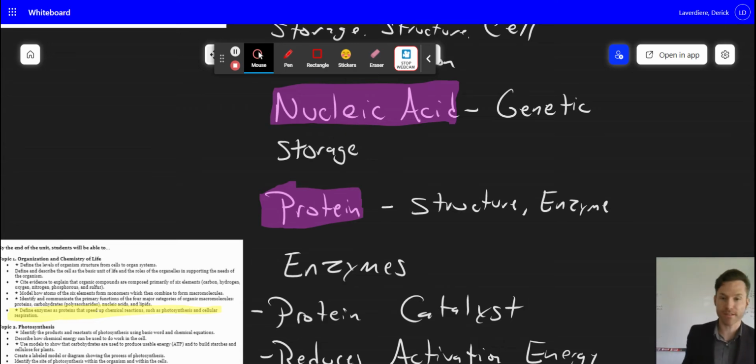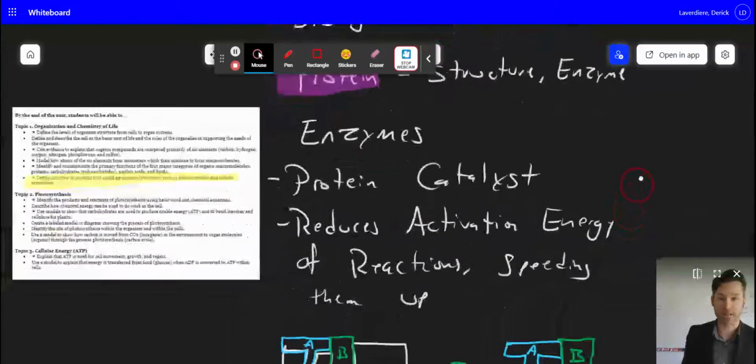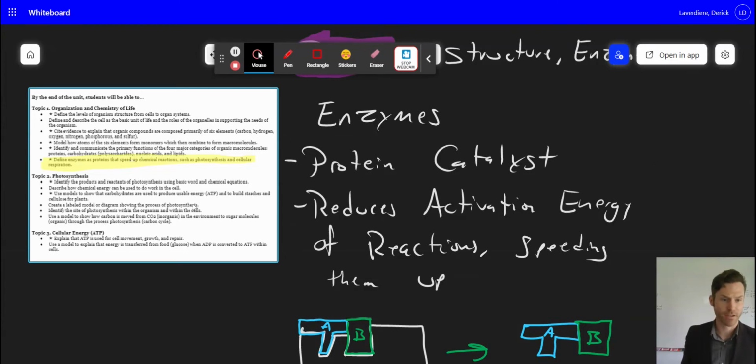Right? And enzymes are protein catalysts, which moves us straight into this next bullet point here, which is define enzymes as proteins that speed up chemical reactions such as photosynthesis and cellular respiration. Okay? So enzymes are a very specific type of protein that each enzyme has its own shape. And what this shape does is it will take two molecules, right?